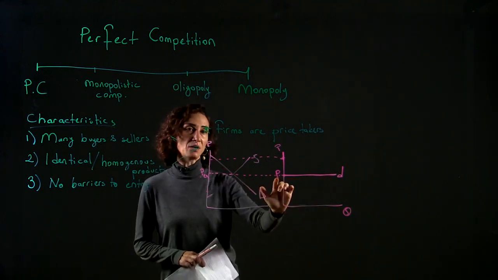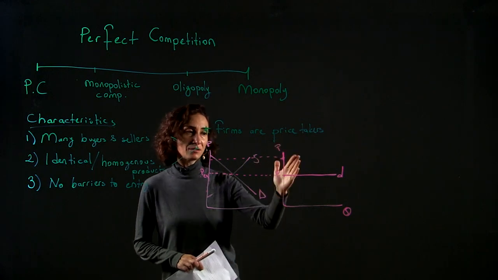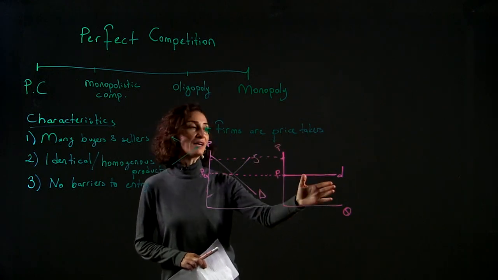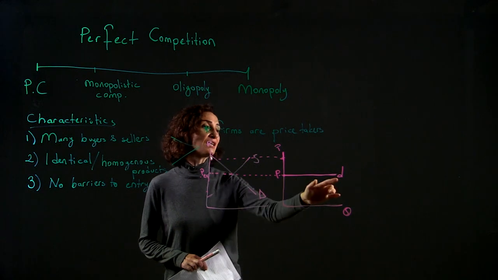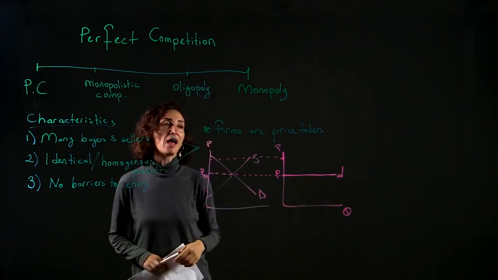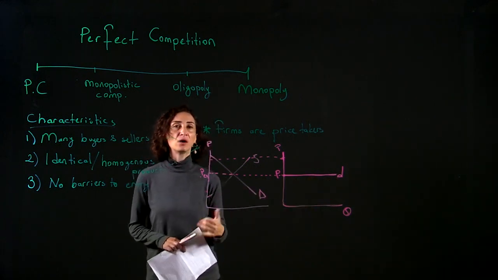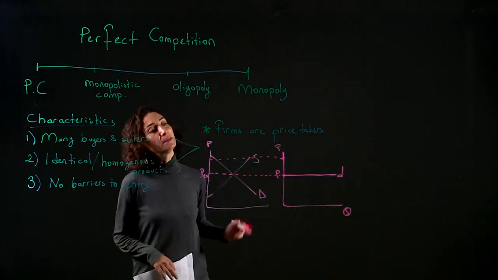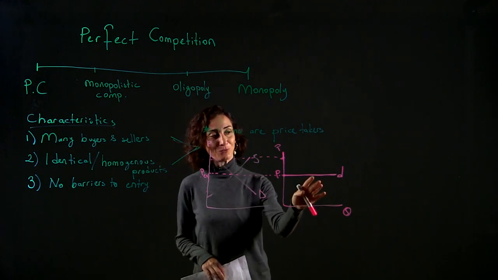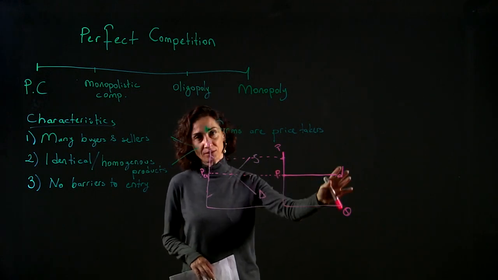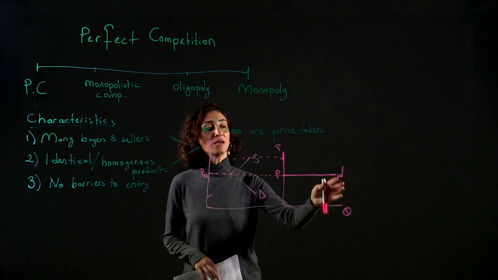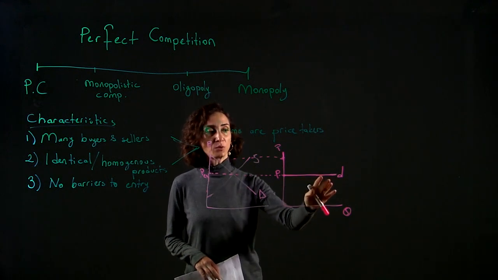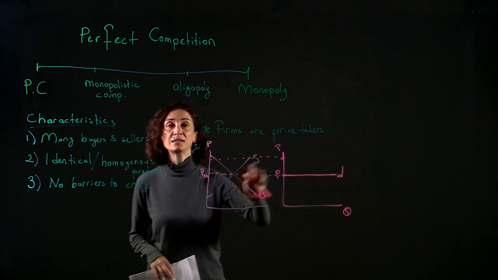There is no other price that they can sell their goods for. Okay? So this is the individual demand curve, and this is what we mean by firms are price takers. Now, this will be very useful for us to understand how firms maximize profit in a perfectly competitive market in a moment.